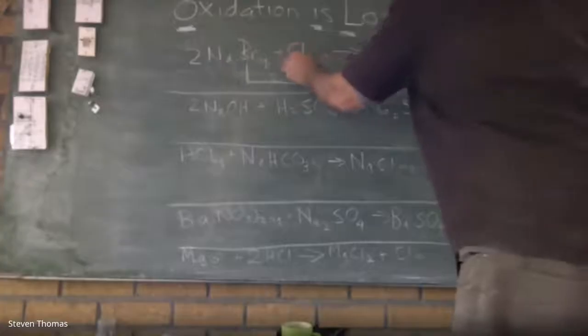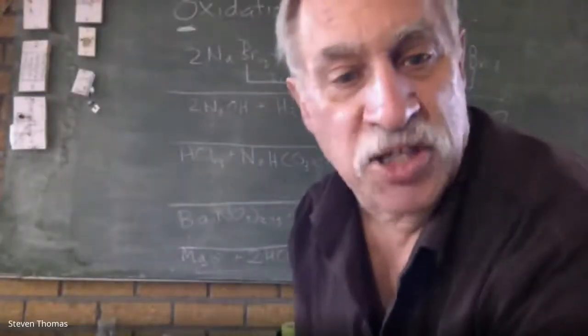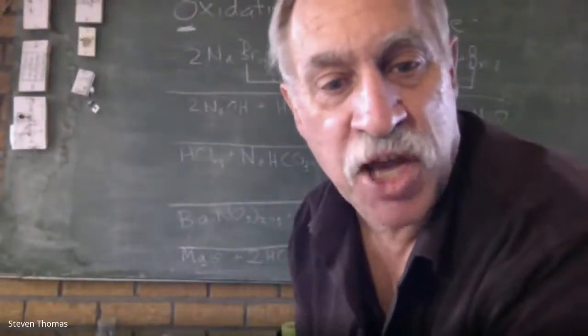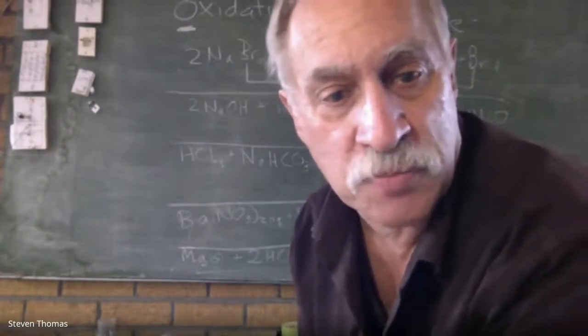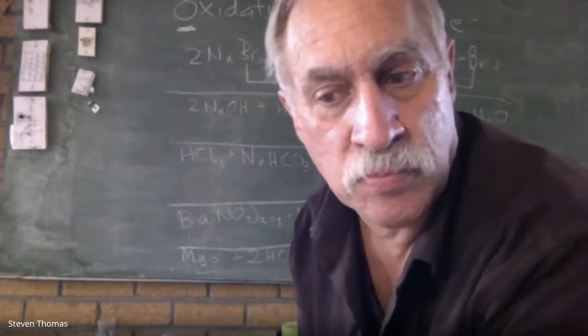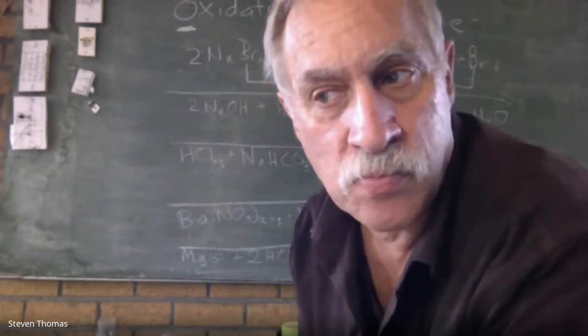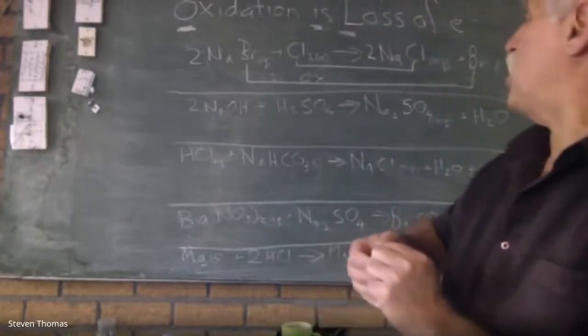Tell her she's a double genius. No, she wants to be a triple genius. What is displaced in this reaction? Is it hydrogen, metal, or a halogen? Halogen. She's a triple genius. Well done. Okay, fantastic.